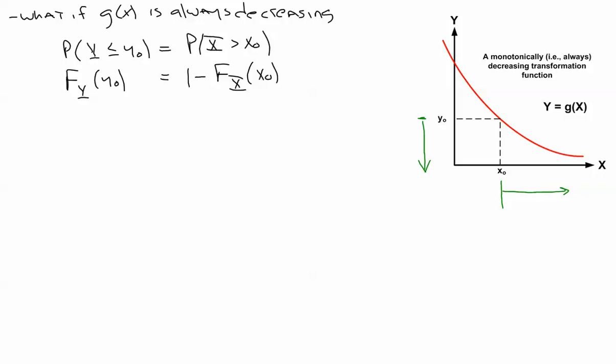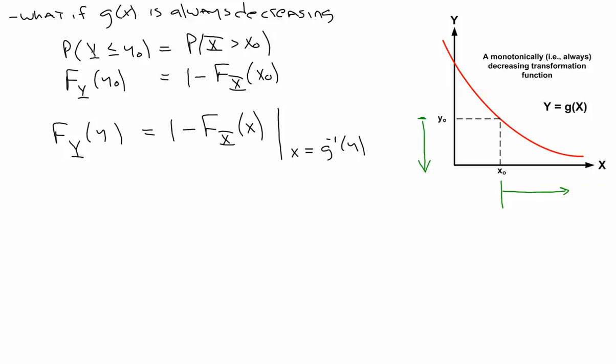Okay. More generally, we would then have that the cumulative distribution function for y, for any arbitrary value little y, equals 1 minus the cumulative distribution function evaluated at x, when we always substitute x equals g inverse of y.